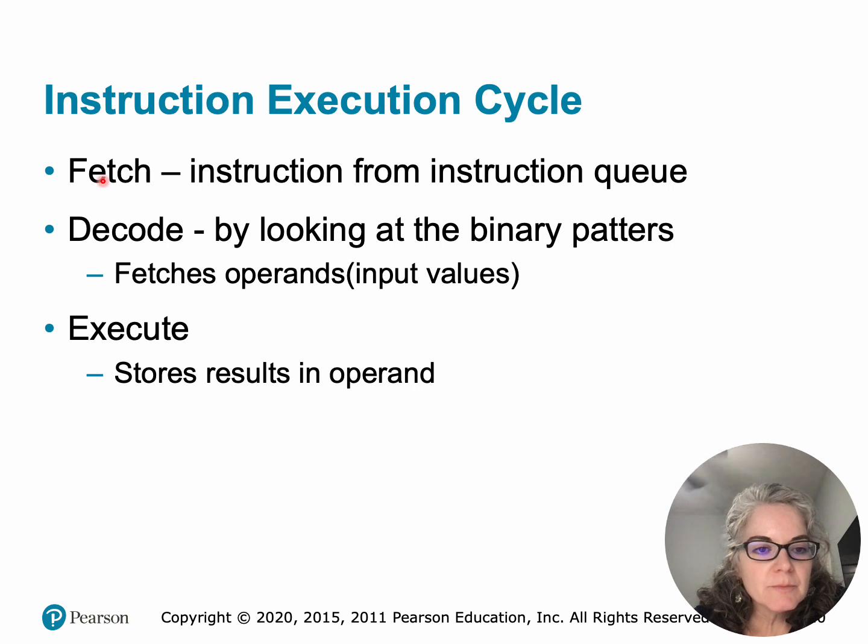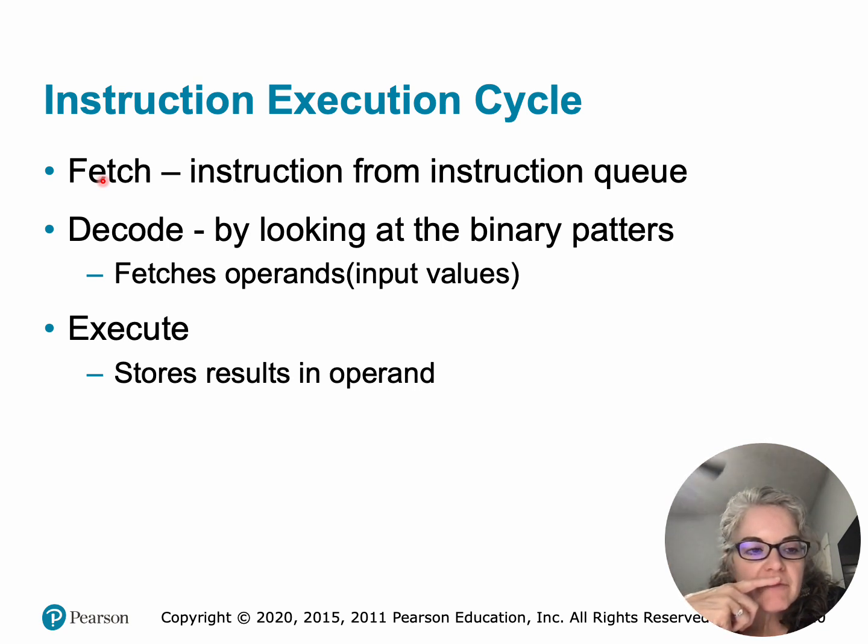The CPU fetches the instructions from memory, and there's a queue of instructions. Which instruction does it need to fetch first? Just like a queue on a printer, the first thing you print is the first thing that gets printed. Same thing with a queue of instructions. The first instruction is the one that gets processed first.